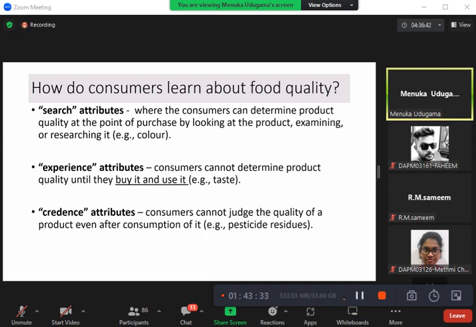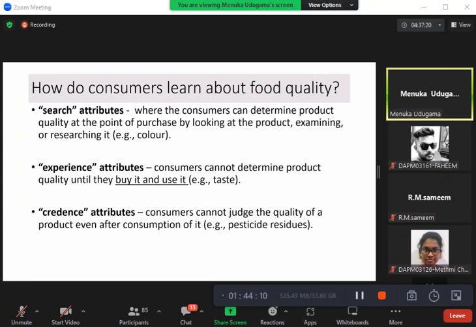Right? Can you think of examples? For example, pesticide use, right? Now, let's say tea, there's a maximum residue limit, isn't it? MRL limit.